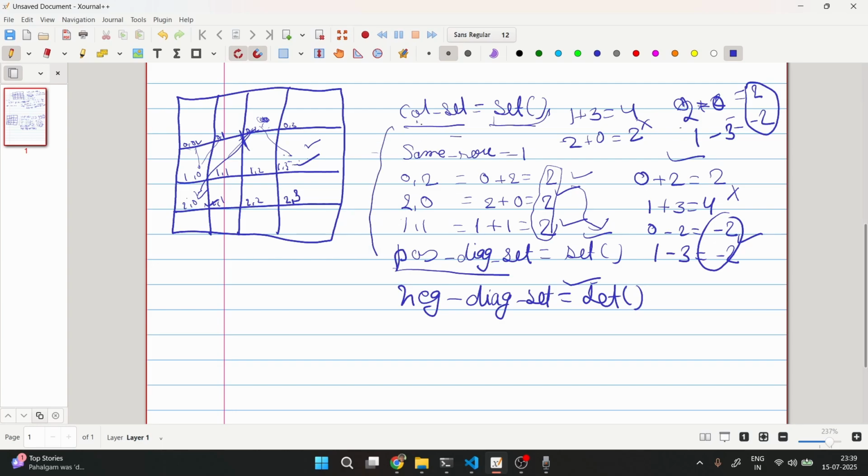First is the column set, to track the columns on which we have already placed our queens. Second is the positive diagonal set, where we keep track of the row plus column combinations on which we have placed a queen. And in the negative diagonal set, the value of row minus column will be placed to check it.